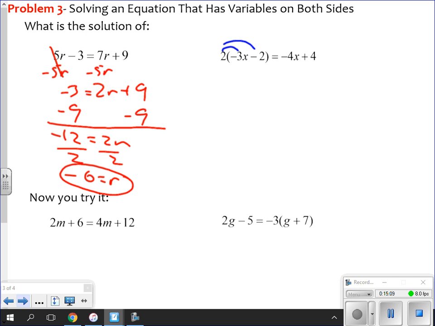Okay, so I distribute, just like we did on the previous set of problems. Get rid of the parentheses by distributing what's in front. 2 times negative 3x, 2 times negative 2: negative 6x minus 4 equals negative 4x plus 4. So your first step, get rid of the parentheses, distribute.